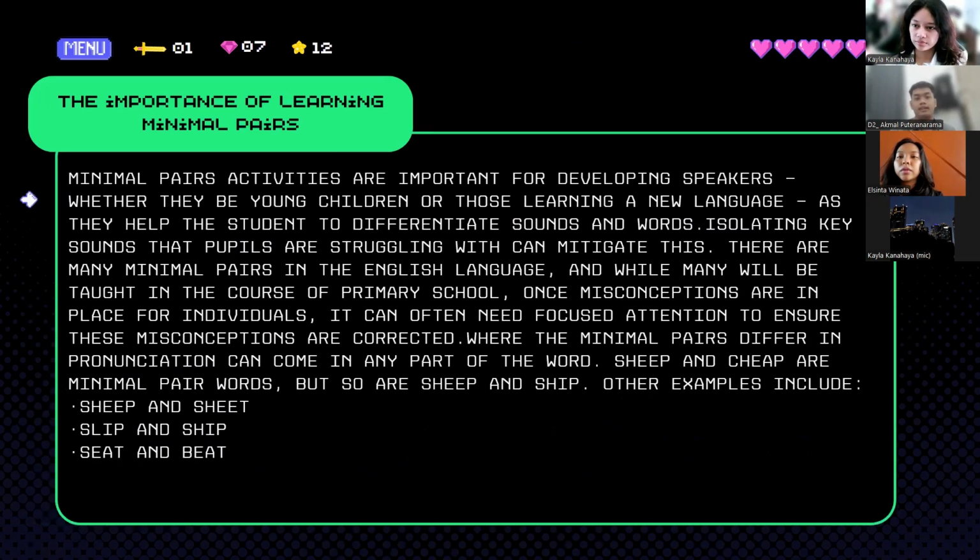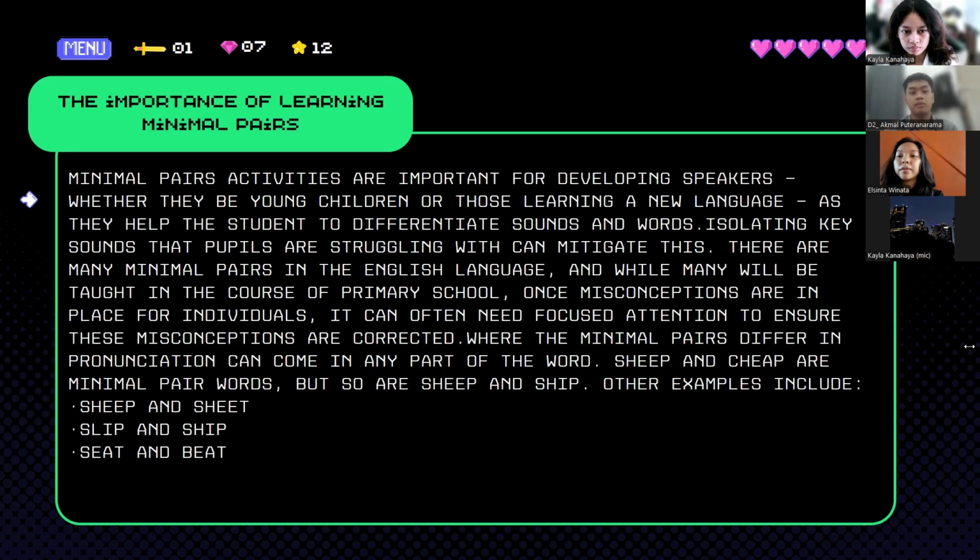Okay, thank you, Kayla. And I want to explain about the importance of learning minimal pairs. Minimal pairs activities are important for developing speakers, whether they be young children or those learning a new language, as they help the student to differentiate sounds and words. Isolating key sounds that pupils are struggling with can mitigate this.